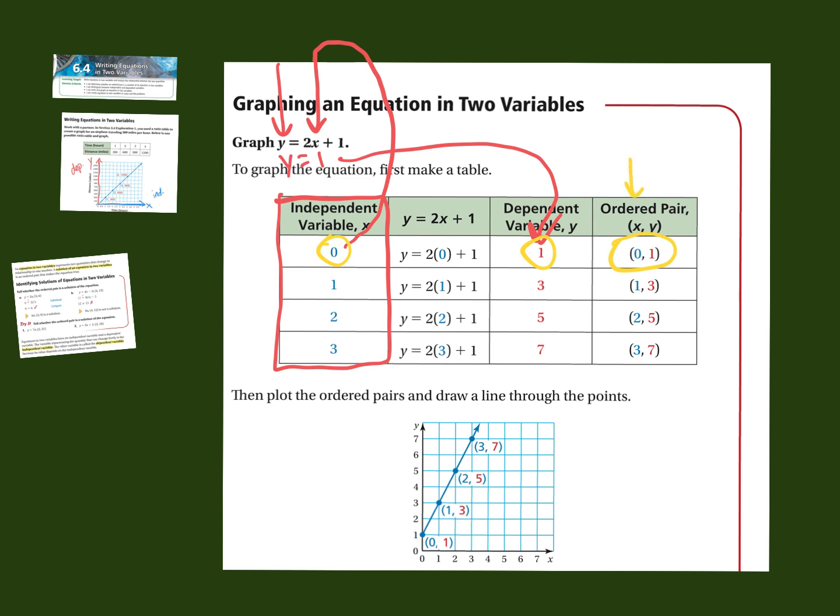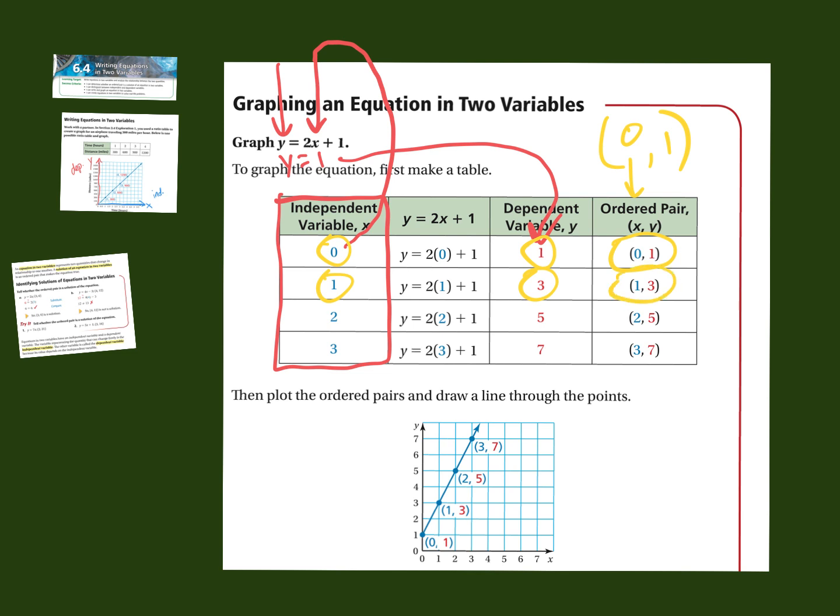Again, paying real close attention to the order. X is first, and then y is second. So (0, 1). And we're going to do this 4 times, inserting our independent variable, solving for y, and then that becomes the dependent variable y, which gives us our ordered pair.